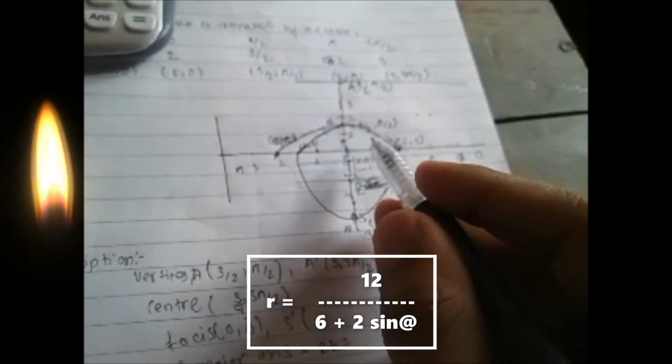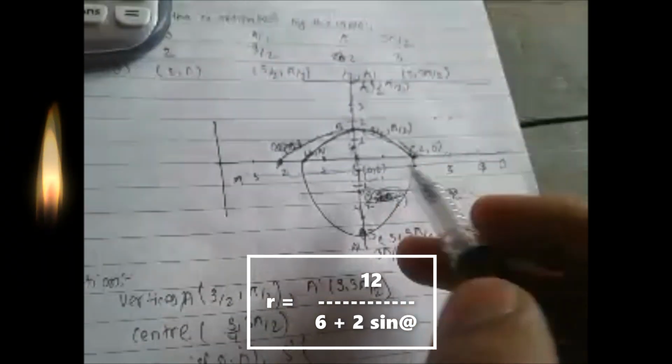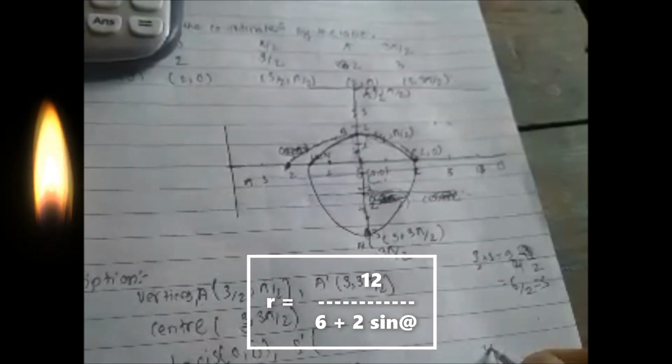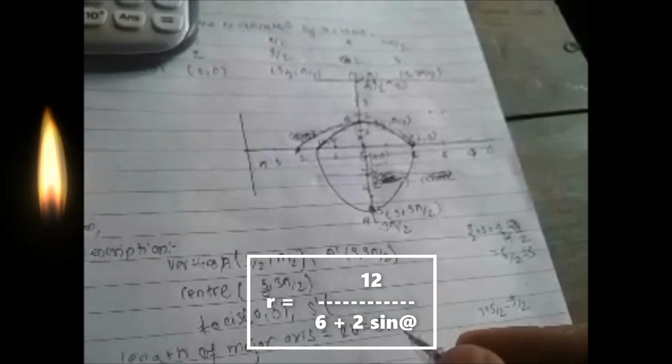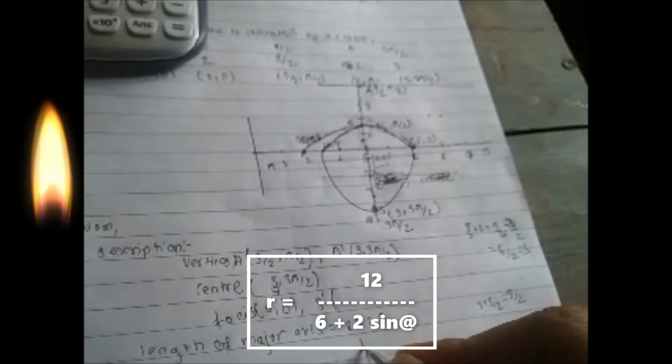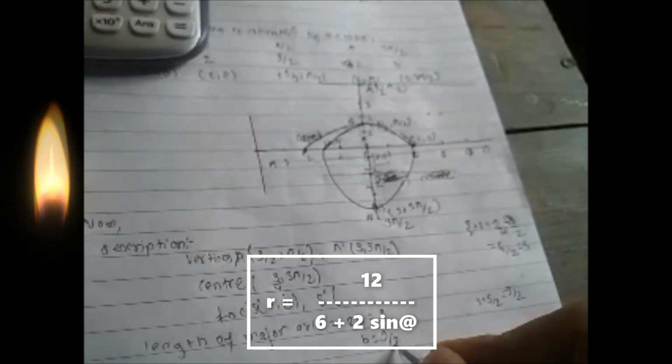It is 3, and from here to here it is 3 by 2. 3 plus 3 by 2 is 9 by 2. The length of the minor axis is 9. This is 2b, and b is 9 by 2.